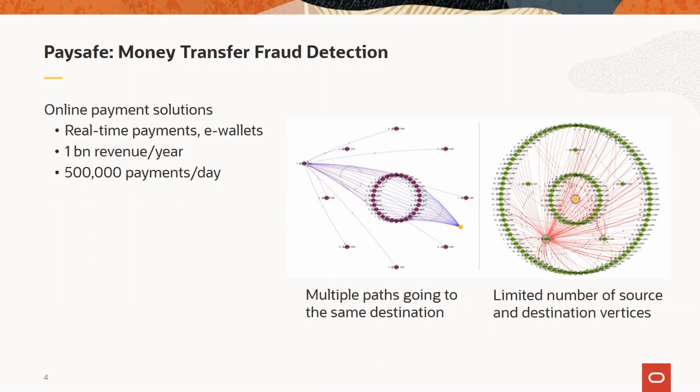On the right, once again, you have a lot of user accounts and a lot of cash transfers, but relatively few source and destination accounts. These are anomalous patterns that they're able to detect by running graph algorithms on the data that they're viewing as a graph. Next slide, please.